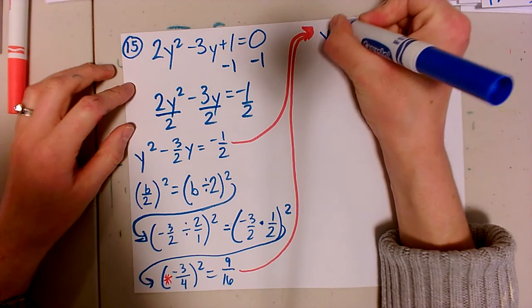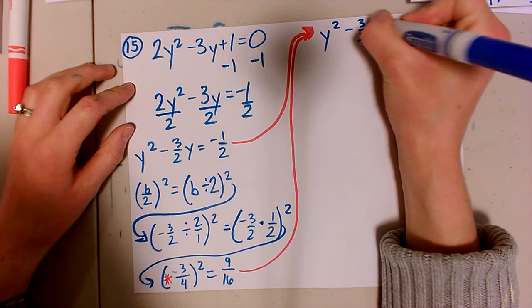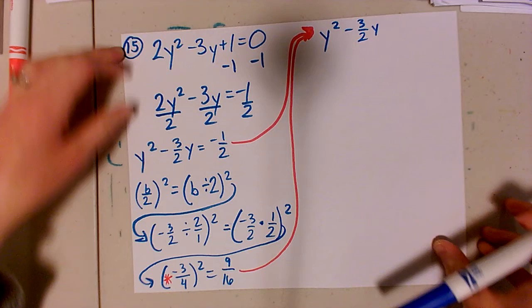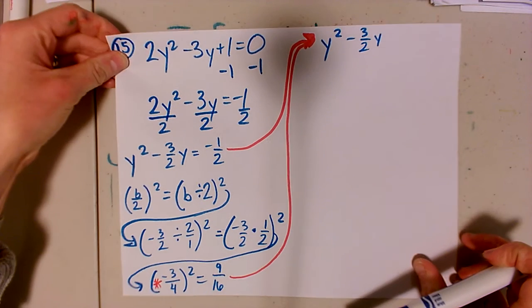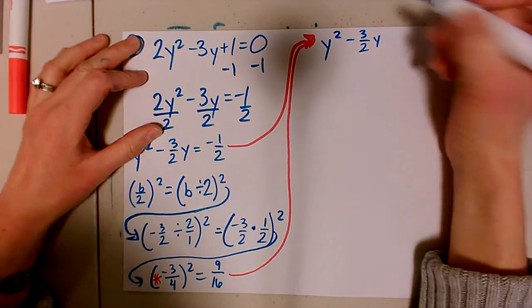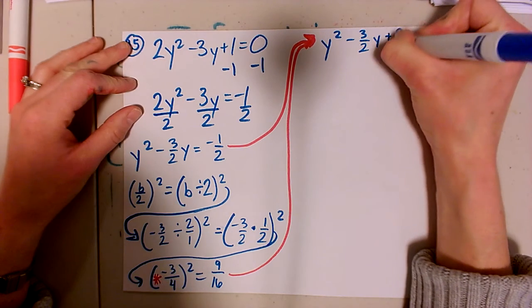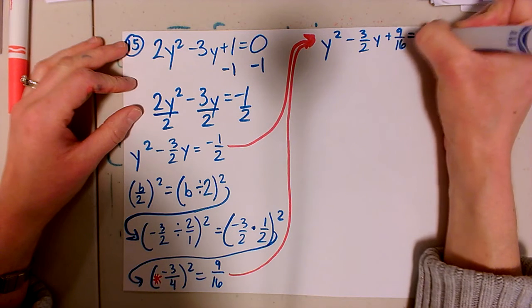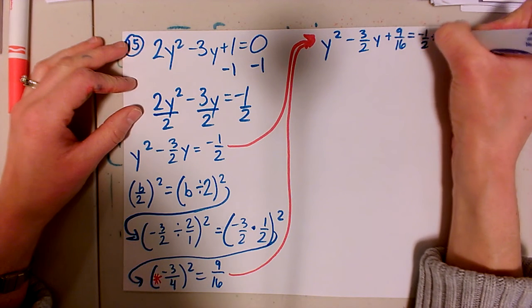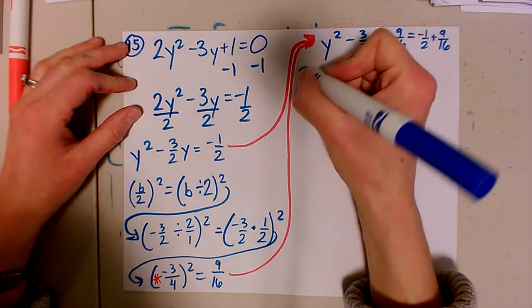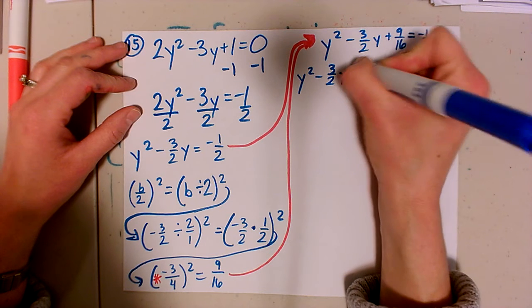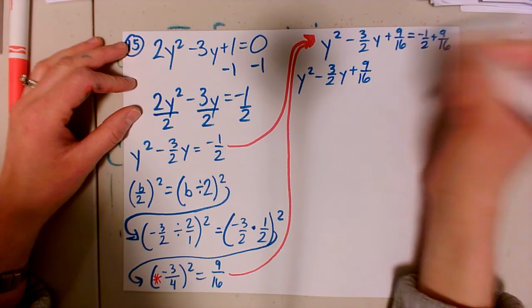So I'll have y squared minus 3/2 y plus 9 over 16 is negative 1/2 plus 9 over 16.